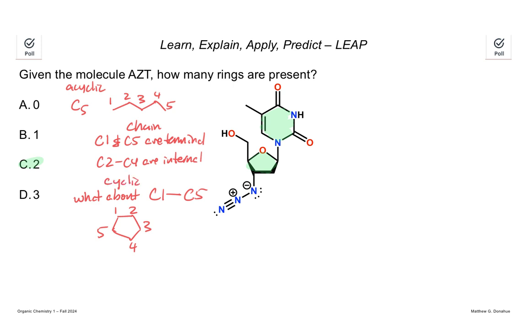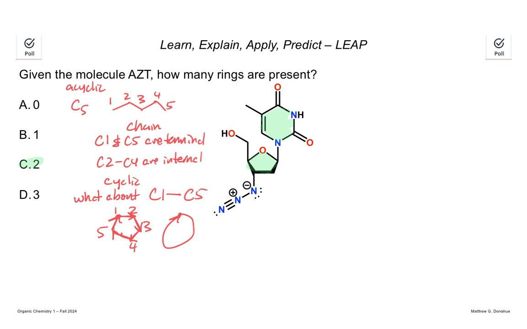And what is a way to think about that? Well, if you're standing on carbon 1 and you walk to carbon 2, then to 3, then to 4, then to 5, you can get back to carbon 1. So where you started is where you end up.